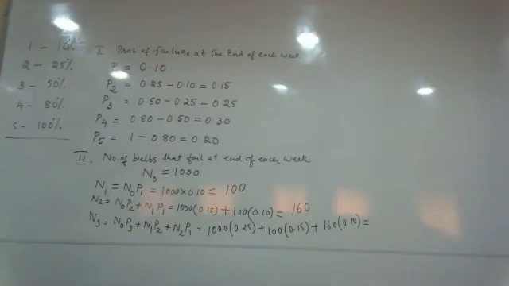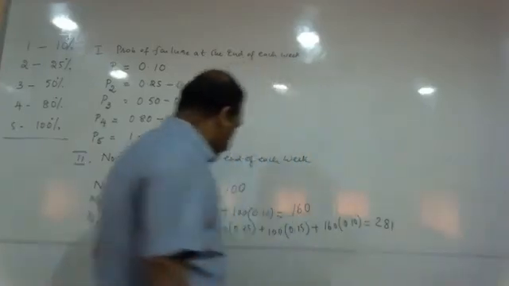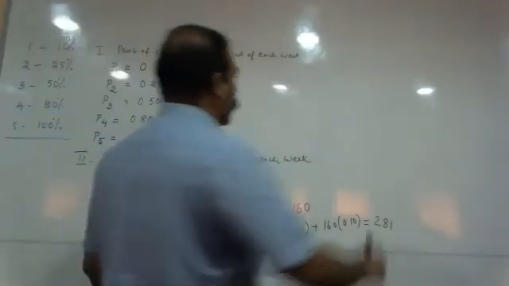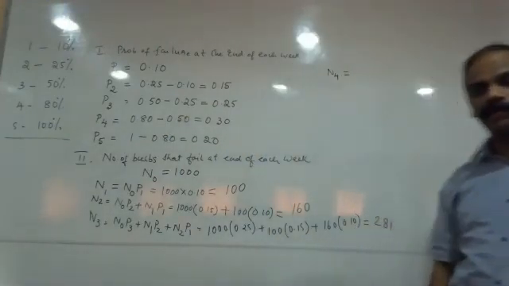281. Okay. So 281 is the number of bulbs that failed at the end of the third week. Similarly, now we'll calculate the value of N4. Can you please tell me the equation for N4 now?